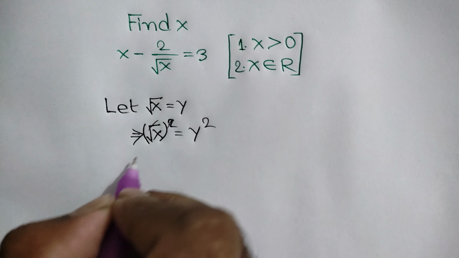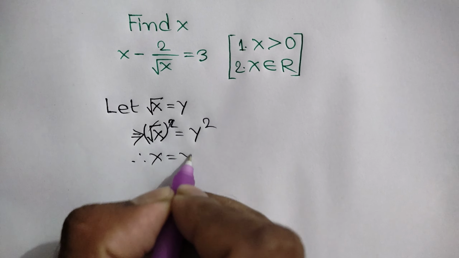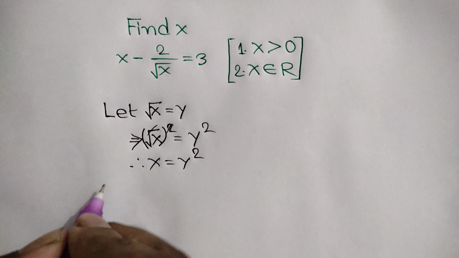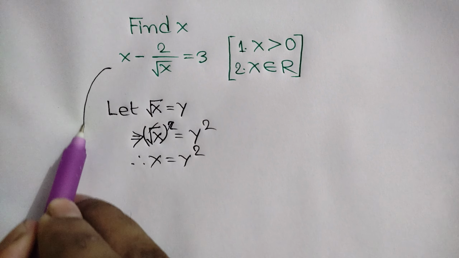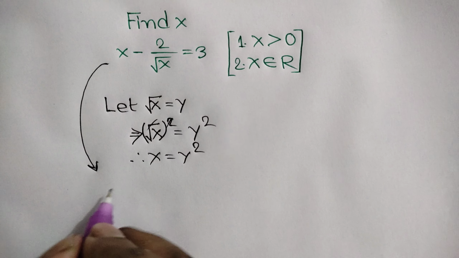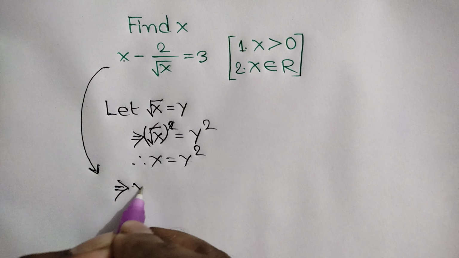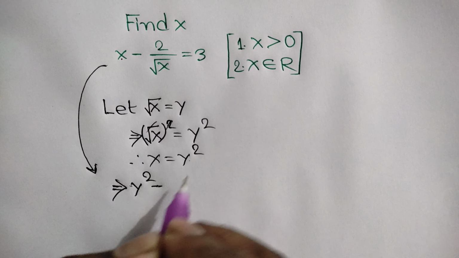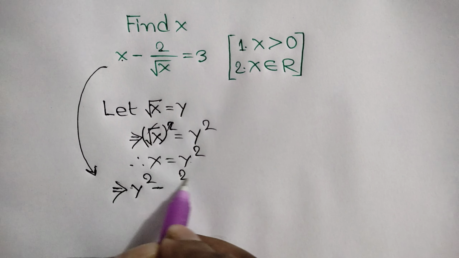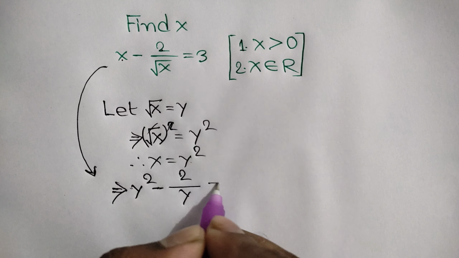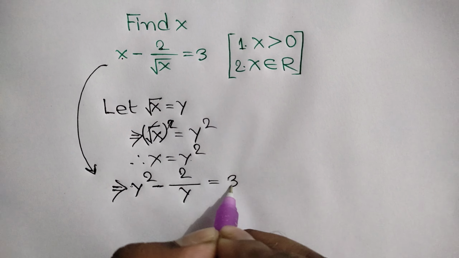Now this cancels this, so here we will get x is equal to y squared. So we can write y squared minus 2 over y is equal to 3.